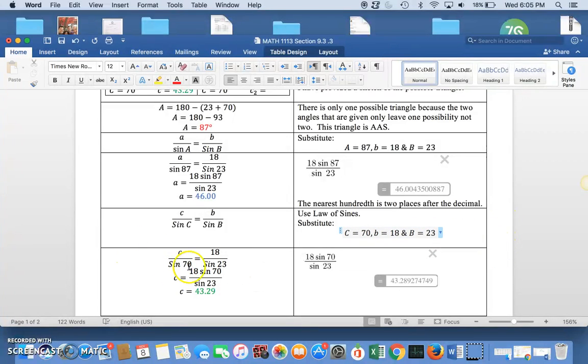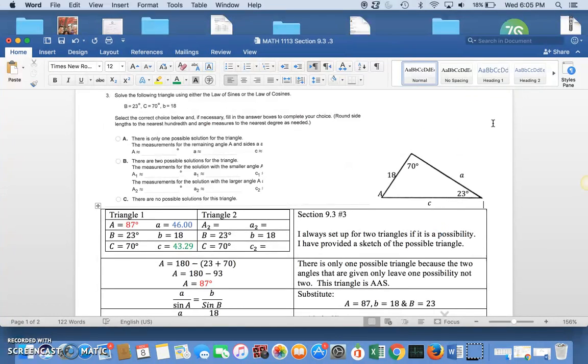So you're going to substitute those in. Substitute 70 for C, 23 for angle B, and 18 for the side. Cross multiply, divide, get C by itself. Make the necessary calculation. When you round this to 2 decimal places, it would be 43.29.